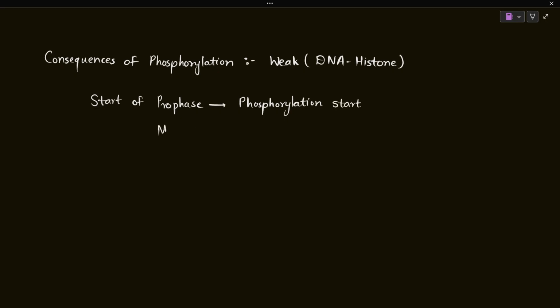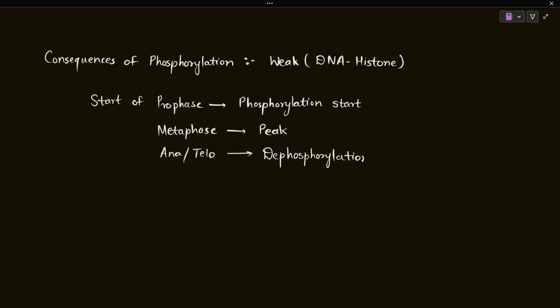But as we go to the metaphase stage, the phosphorylation event is at its peak. And as we progress to anaphase or telophase, you can see that the phosphorylation event is reducing, and there would be dephosphorylation.